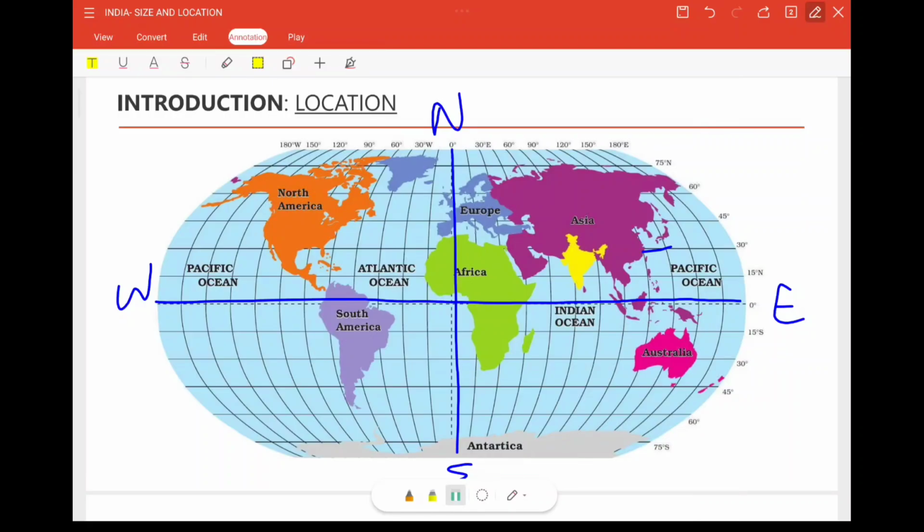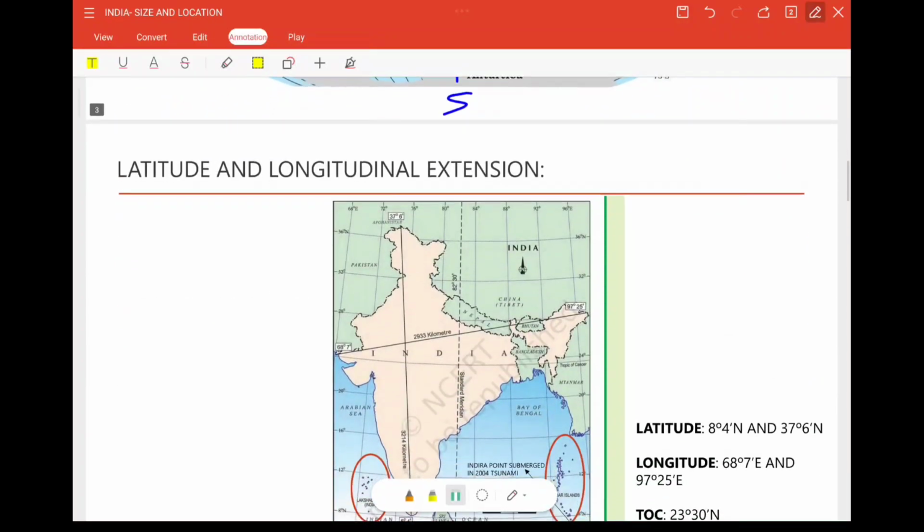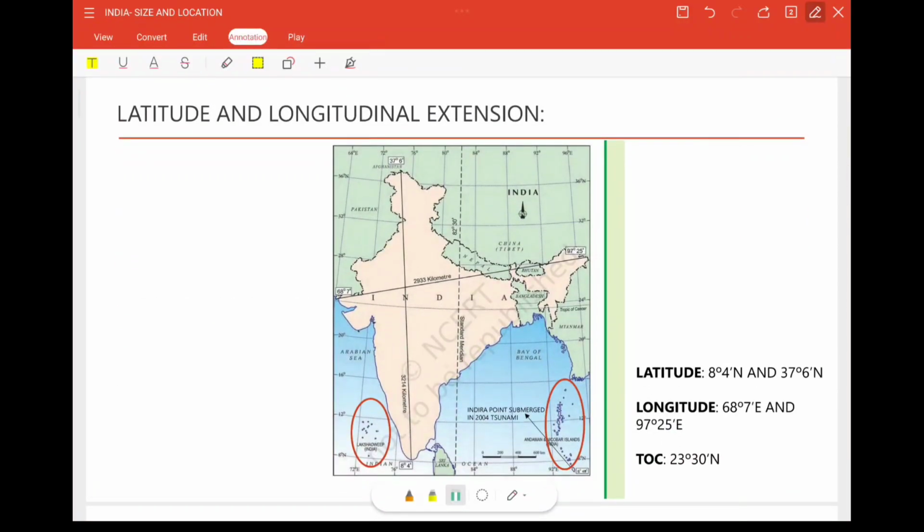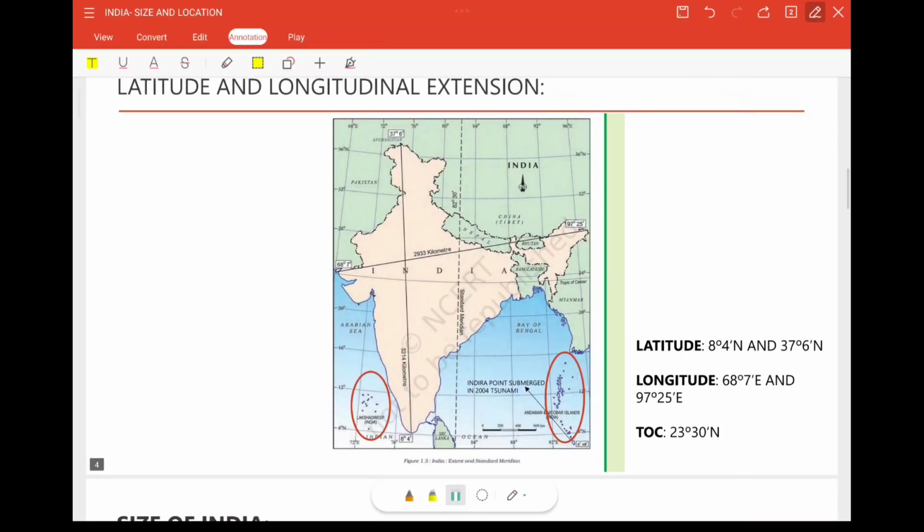Now we will move further. We will see the latitudinal and longitudinal extension of India. I hope you all know about latitudes and longitudes. I hope you have learned about these in your previous classes. As we know, India is a very large, very vast country.